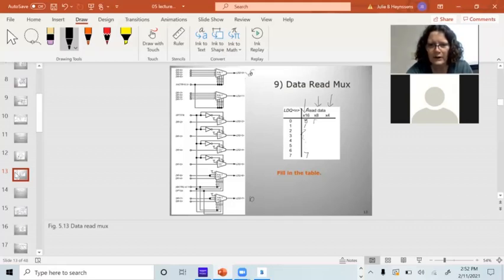So I'm going to read 0 on the first cycle and 1 on the second cycle. And here I'm going to read 2 and 3. And then down here on 6 and 7, it goes 4, 5, 6, and 7. So I get half the data out on each cycle.